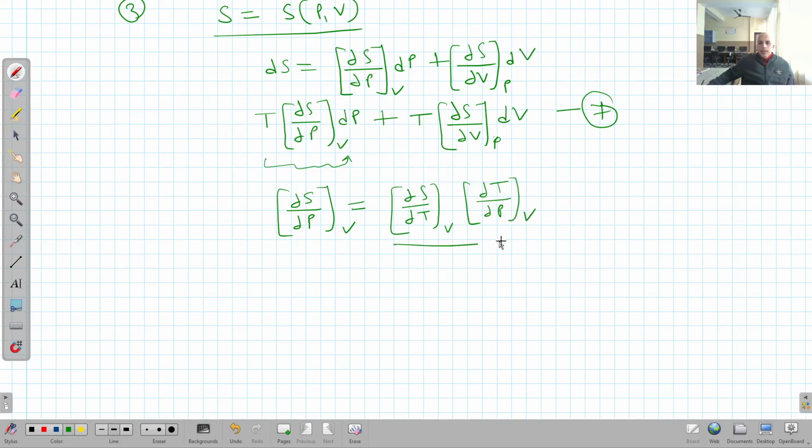Clear? I can do it. Similarly, for the second term, that is curly S upon curly V at constant P, I can also convert it into curly S upon curly T at constant P, sorry, it is P, into curly T upon curly V at constant pressure.